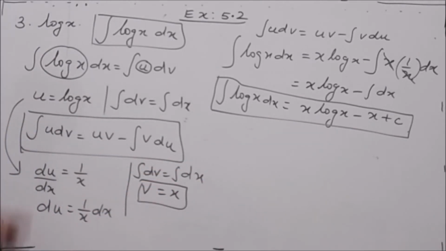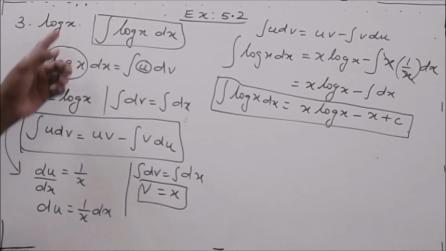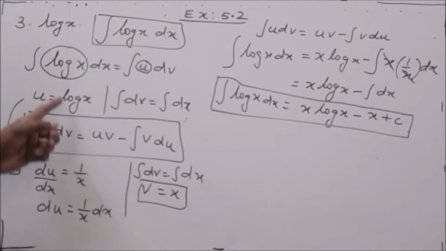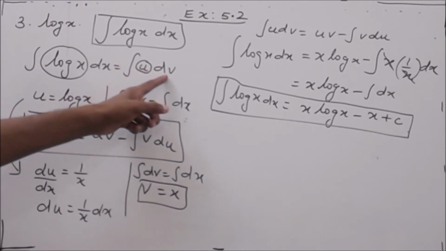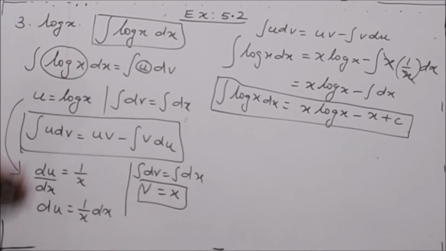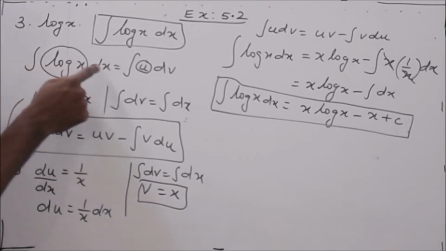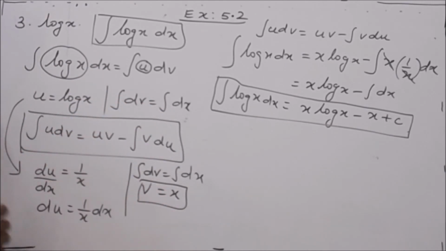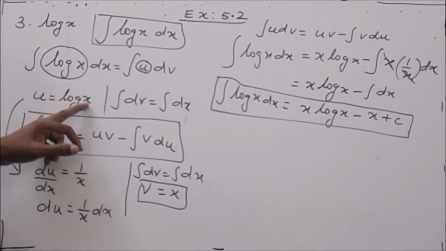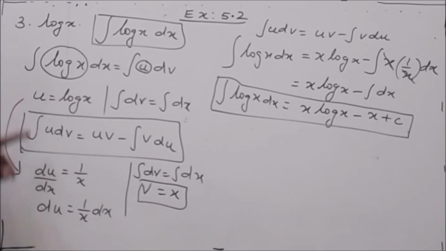Now here, integral log x dx is given. Take u equal to log x, and the remaining is integral dv, that is dx. So u equal to log x, and integral dx is integral dv. Then the derivative du by dx is equal to 1 by x, since it is a function of x, so differentiate with respect to x, and du equals 1 by x dx.